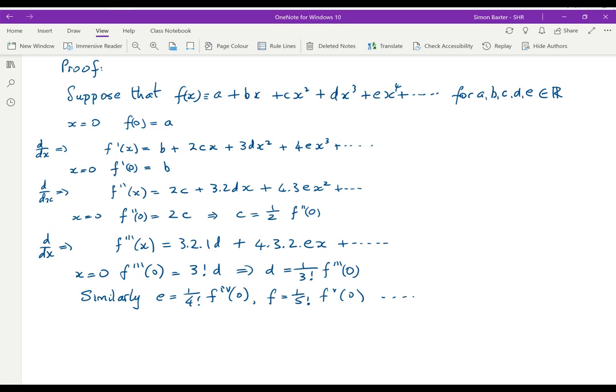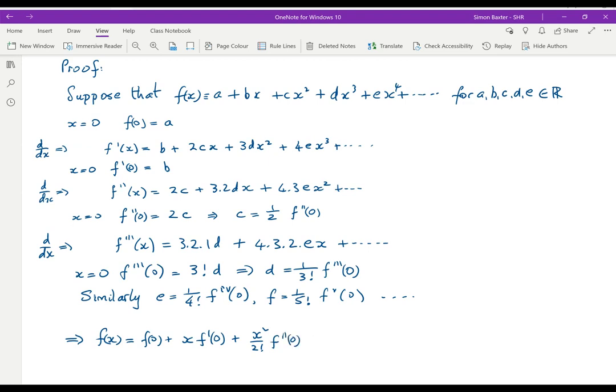And if we substitute all these values back into the top, we get that f(x) is equal to, a is f(0), plus b is f'(0), so that's x f'(0), plus c is 1 over 2 f''(0), so cx squared is 1 over 2 times x squared times f''(0).